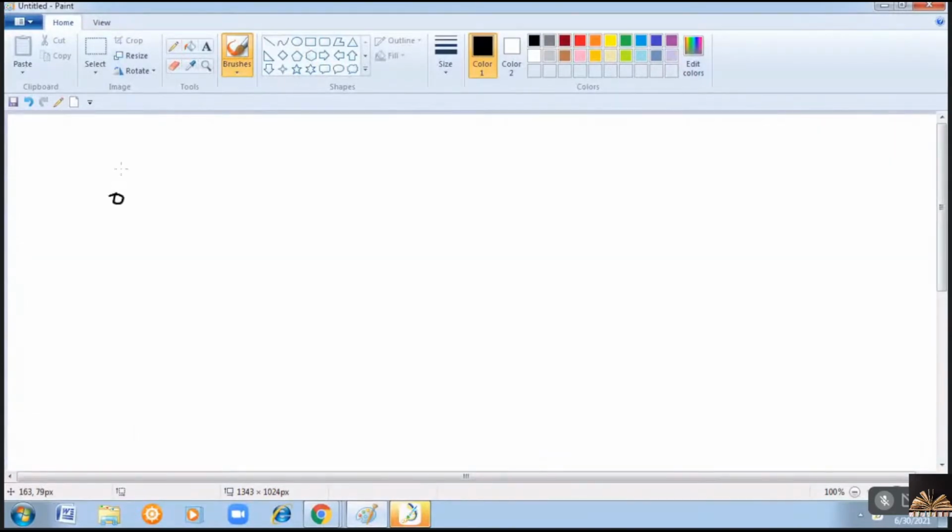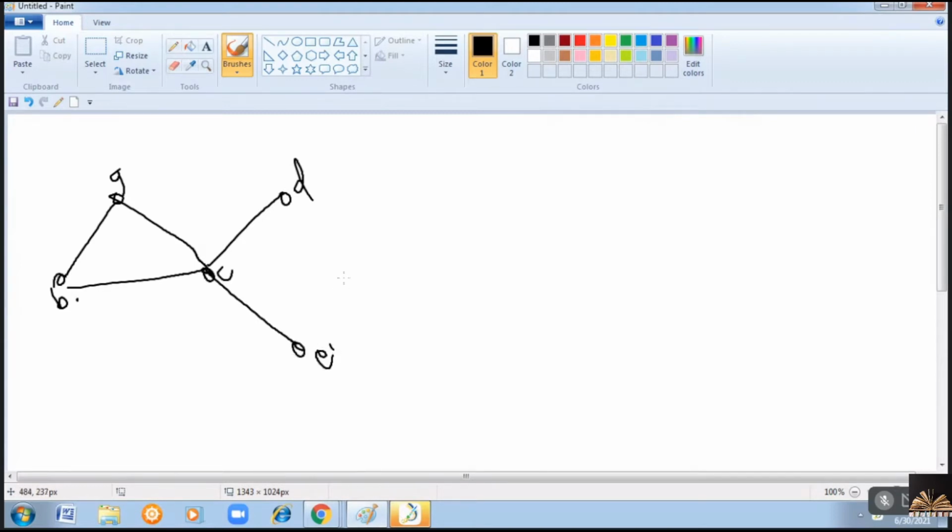Consider one more. Suppose you consider this graph. Is it a Hamilton graph or not? Suppose you start from A to B, B to C. A is visited, B is visited, C is visited.